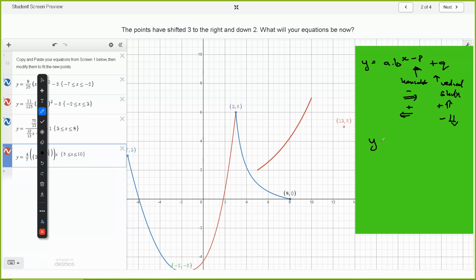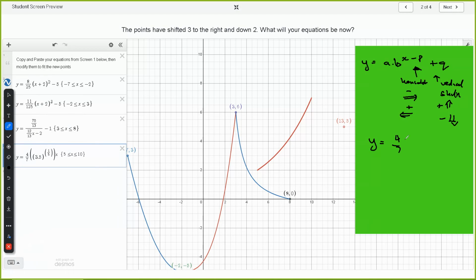My equation that I have is 4 over 7, if I just move this out of the way. Okay, so we got this 4 over 7, where was I? Let's go back here again. Ah, there we go. This was 3.5 to the power 1 over 5, because I couldn't find the root button.